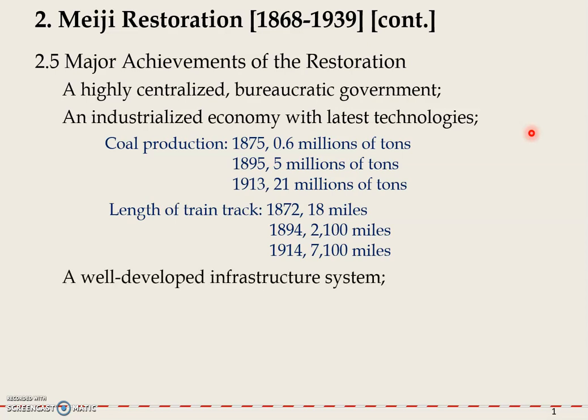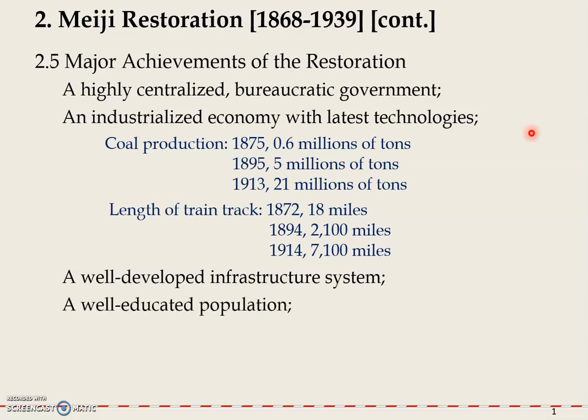And also, Japan has a well-developed infrastructure system, in terms of the roads, telegraph services, and postal services. All of these we discussed before, right? It becomes much closer to what we saw in the United States, Germany, or UK back then, in the early 20th century.